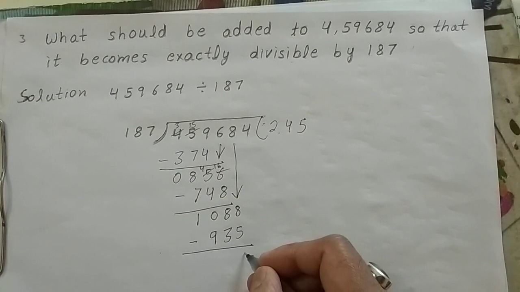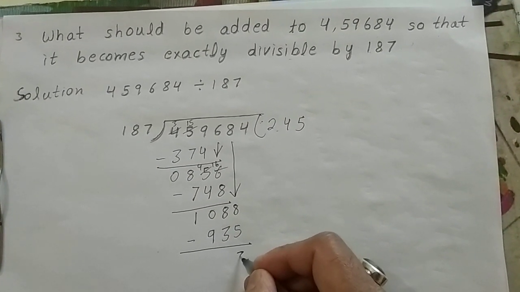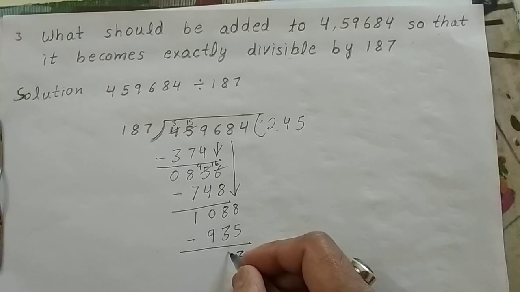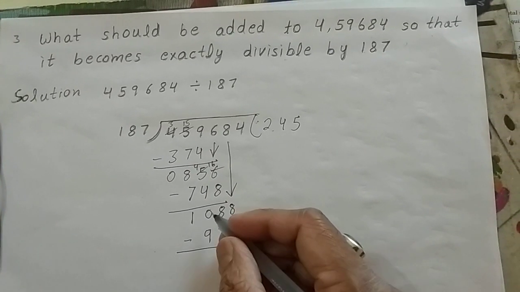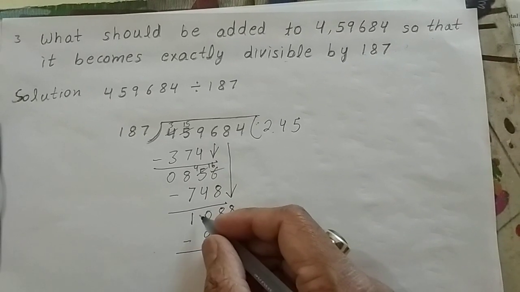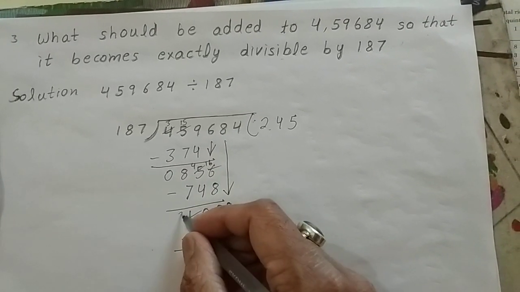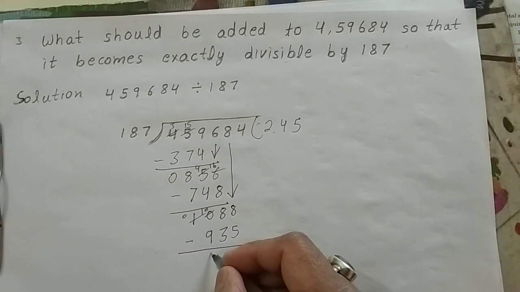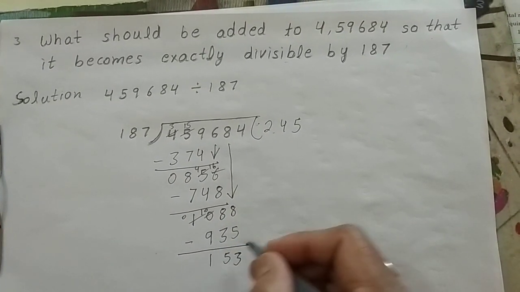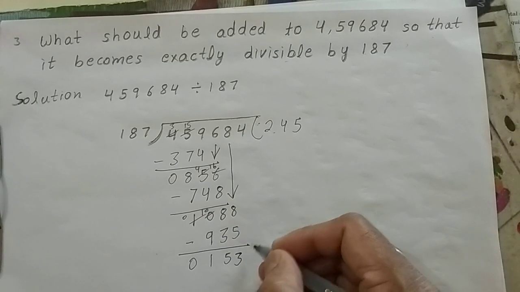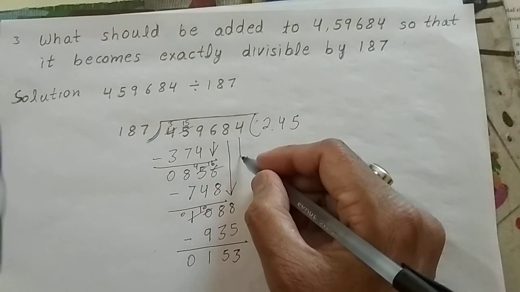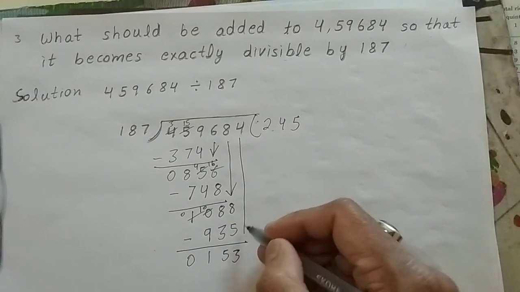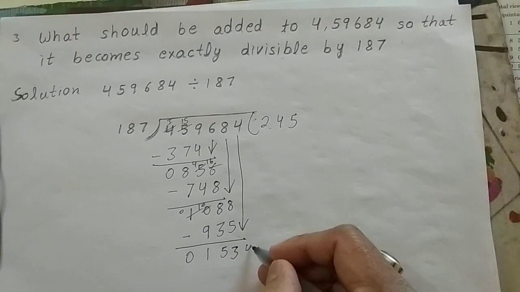Subtract: 8 minus 5, 3. 8 minus 3, 5. This 0 is less than 9, so it will borrow 1 from here. It will become 0 and this will become 10. 10 minus 9, 1. So 153. Now write down this 4 here.